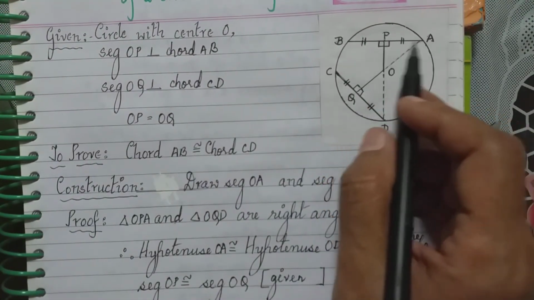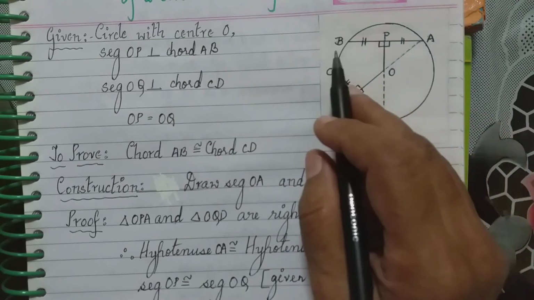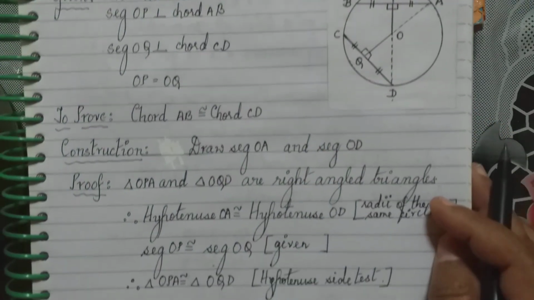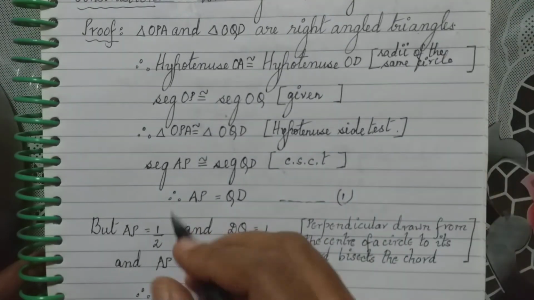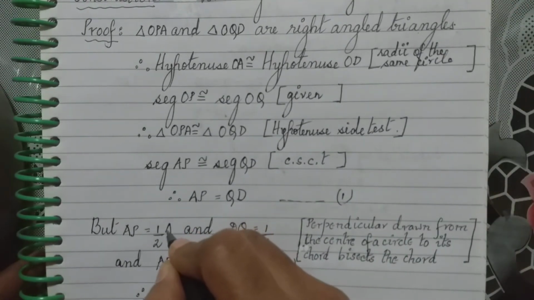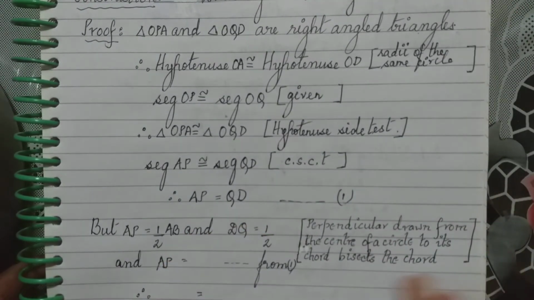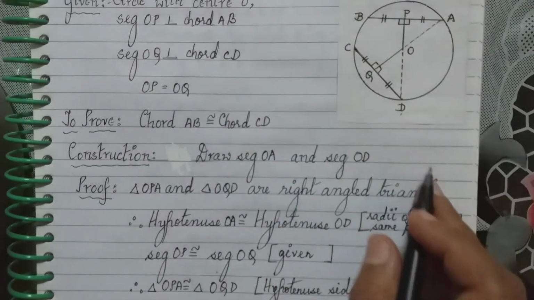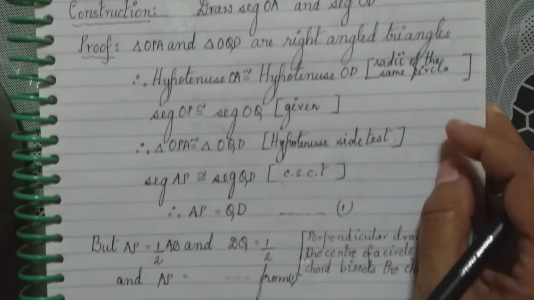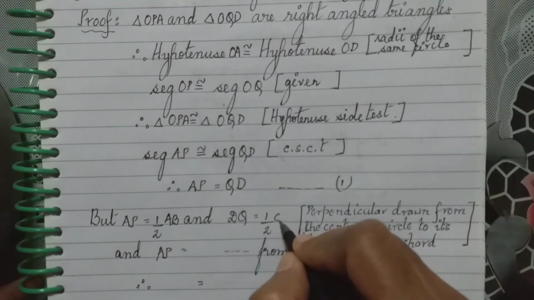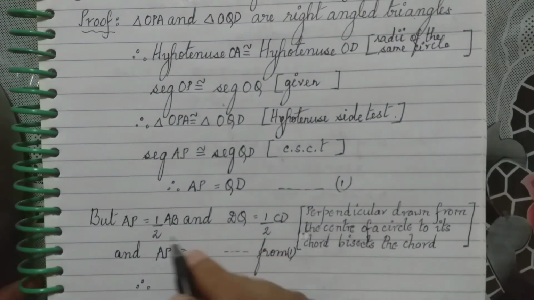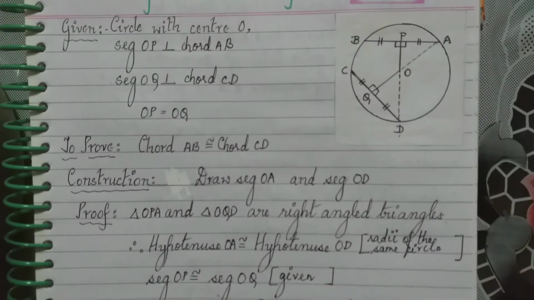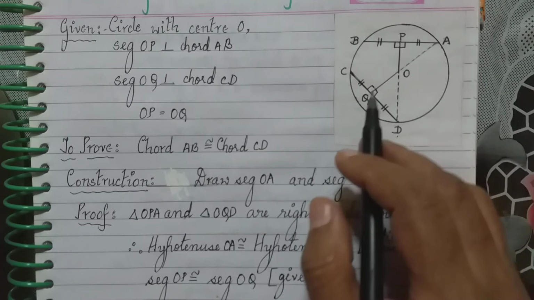But we look at the figure and we see that AP here will be half of AB. AP is equal to half of AB, and also look here, DQ is half of this chord CD. Now, how do we know that is half of AB and half of CD? Because they are the perpendiculars drawn.